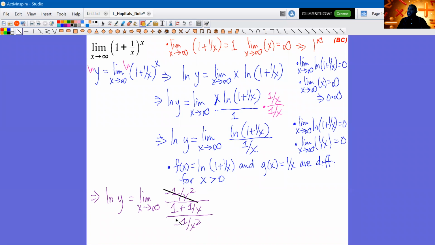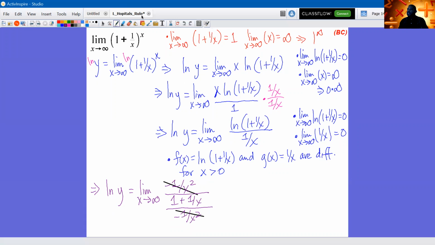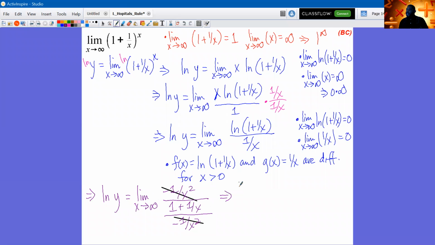So natural log y equals the limit as x goes to infinity of 1 over 1 plus 1 over x. When I take the limit, natural log of y gives me 1, because if you plug infinity in here, you get 1 over 1 plus 0, which is 1.